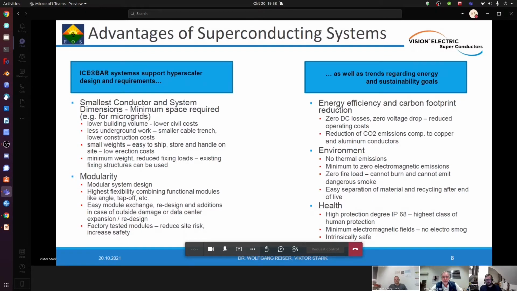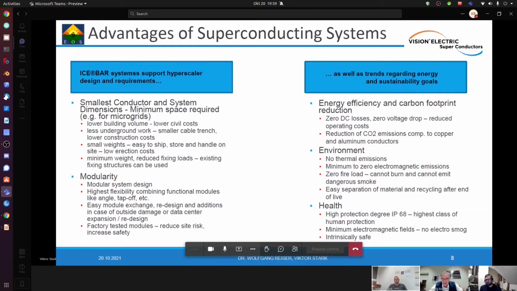And why is it not installed? For the installation, the complete power system needs to be redesigned. As you saw on the previous slides, the complete power system starts at the beginning at the power source, and if you do not redesign it, you will not take the advantages of superconductors.